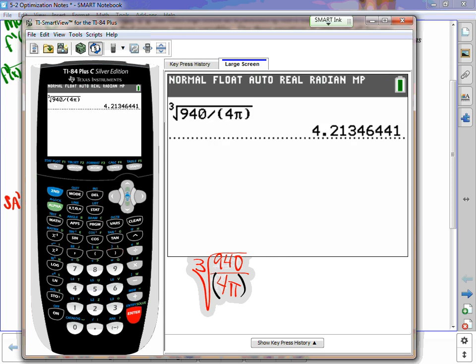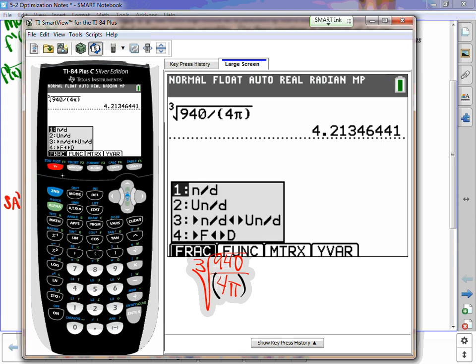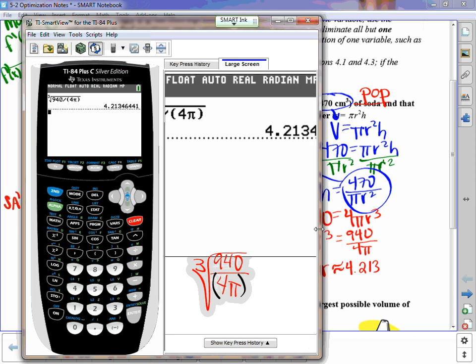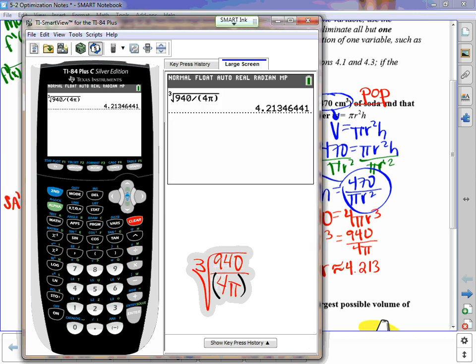Now, those of you that do have the fancy update, remember you have some fancy options if you do alpha F1, F2, F3. And that first option puts it in the nice fraction form. So you could use that to make sure that you don't type it in wrong without parentheses. Okay, so that's where we got our radius was 4.213. What I'm talking about with the store button is my h equation is 470 over pi r squared.